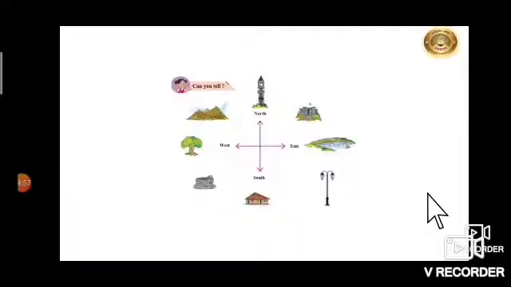This is the activity that you have to do: identify where these objects are lying, and you have to do that activity on page number 81 and 82. Here the tower watch is at the north side. The fort is lying between the east and north, that is northeast.